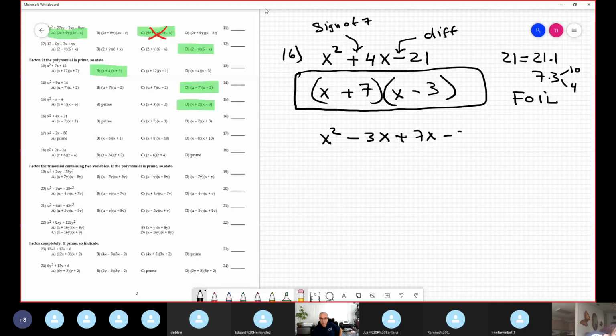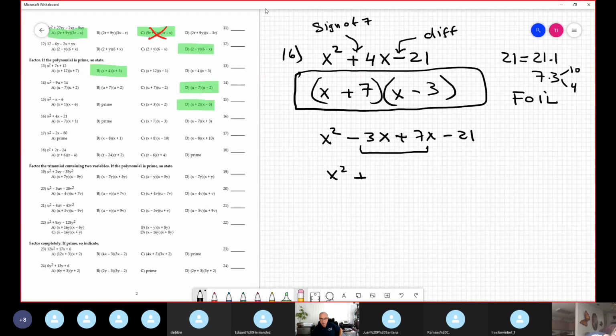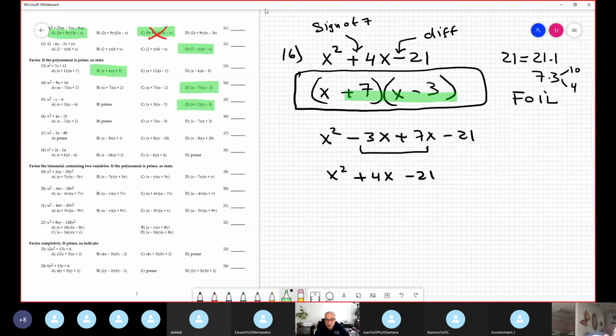And this is minus 21, positive times negative 3. When you combine, this is plus 4x, minus 21, exactly like the original. Okay, so now selection. Who helped me do selection? What option is correct in 16?